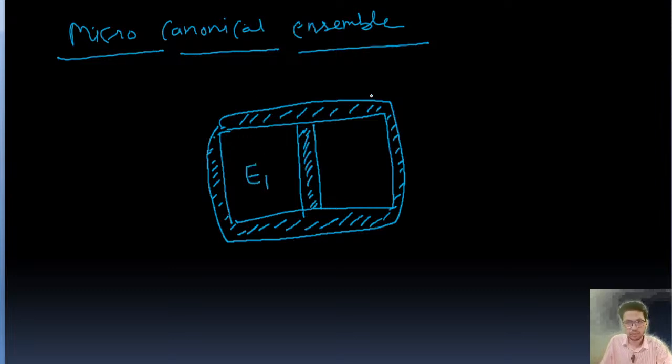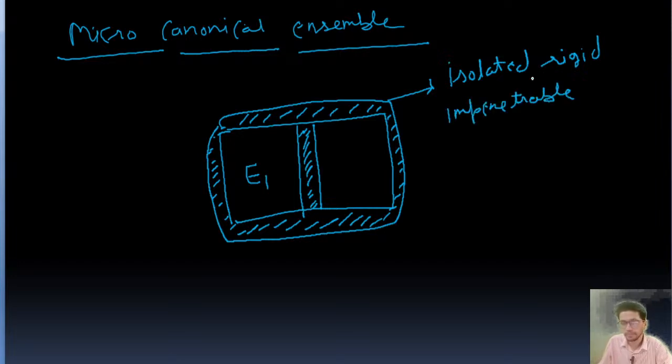This is an isolated wall. Okay, so this wall is isolated, rigid, impenetrable, non-conducting wall, and this is the conducting wall, right?